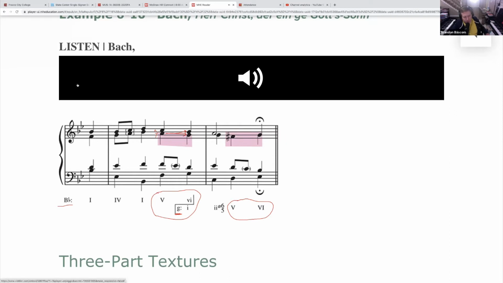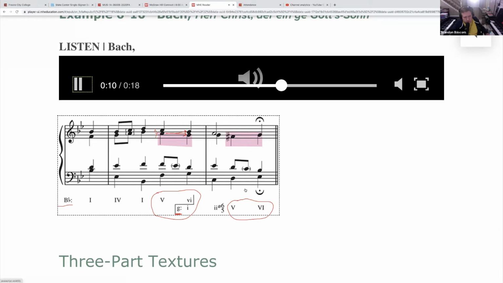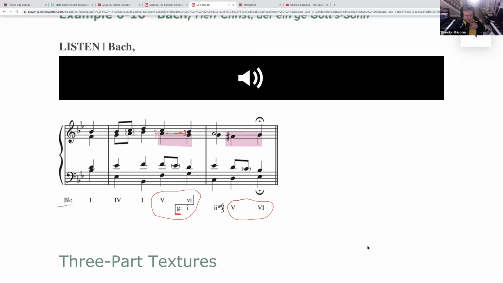Example 6-10. So we went to G, G, B flat, D. So T did not go to do, T went to la.